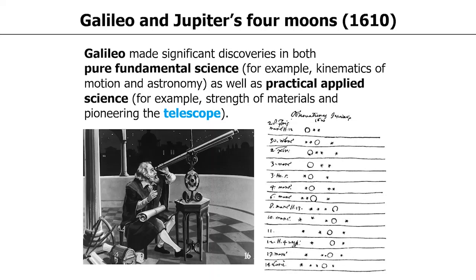For example, Galileo, a famous astrophysicist, made the telescope first before he made an observation of the small stars moving around Jupiter. After making this observation, he then realized that these are the four moons that are turning around Jupiter. For this fundamental discovery, his technology, the telescope, was very, very instrumental.